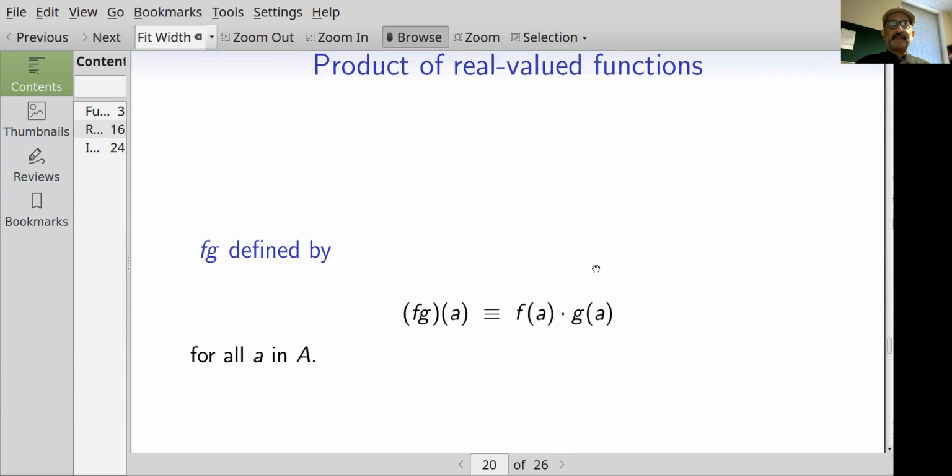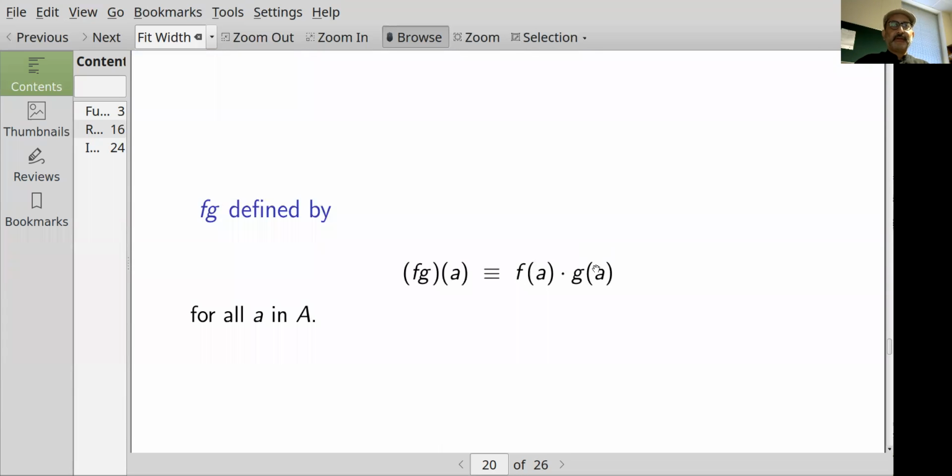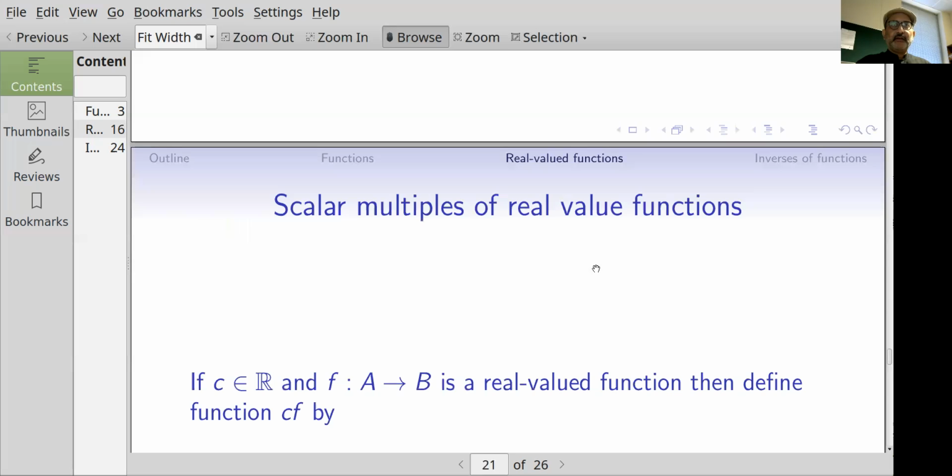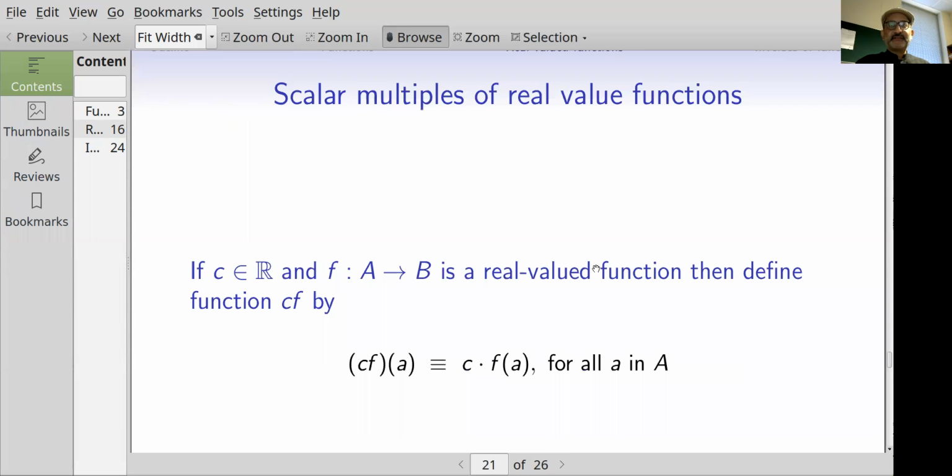Okay. Product of real valued functions. Well, if F and G have the same domain, then by F times G, we mean that function such that F times G acting on a gives us f of a times g of a for all a in the domain of F and G. Scalar functions, this is a special case of the previous one.